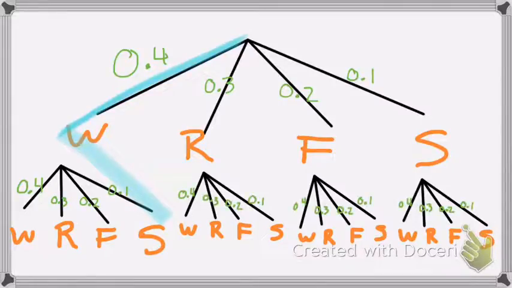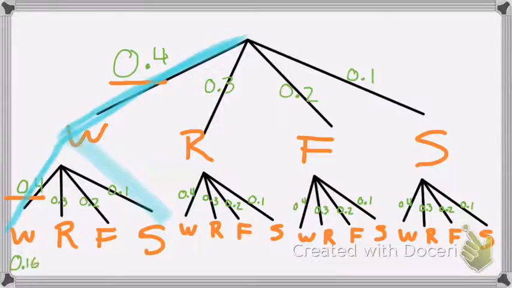Now, to calculate the probability that both magazines arrive on Wednesday, what I'm going to do is multiply my way down the tree. So I'm going to say 0.4 times 0.4. Just tracing my way down the tree, multiplying my way down to the bottom. So 0.4 times 0.4 for this first branch is going to give a probability of 0.16.